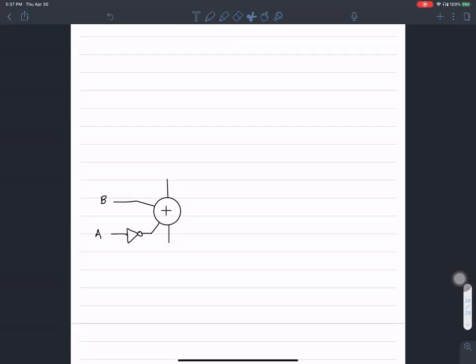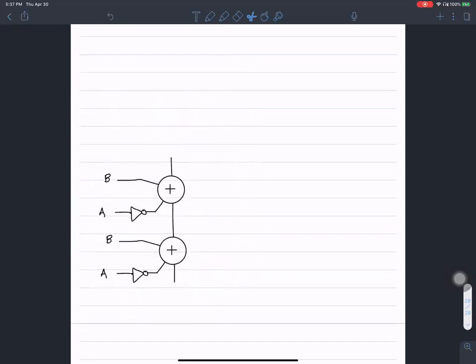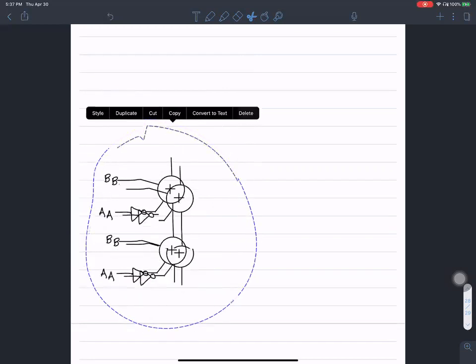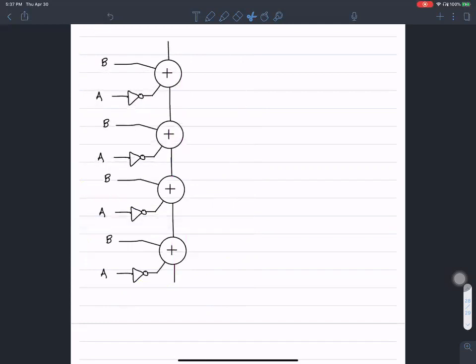Okay, so let's just say that's just for one bit. I want to duplicate this for a second bit, and then implement the exact same configuration for the remaining 2 bits. So this guy is A0 and B0.